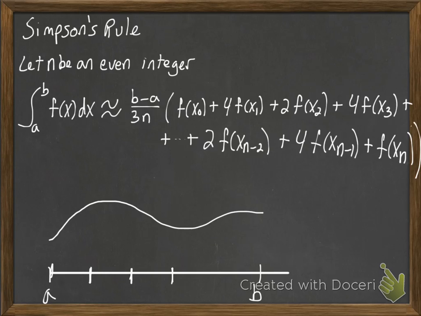Now, because a parabola has three unknowns, the three coefficients, you actually have to use three points. So that's why the intervals all have to be even here. Let n be an even integer. Then the idea is you take your interval of three points. So here we have our x0, and then we'd have our x1 and our x2.